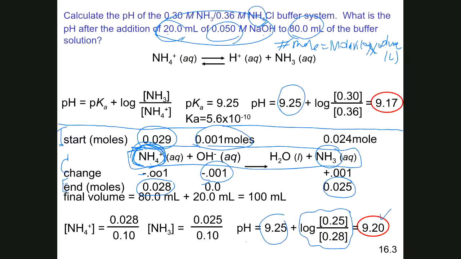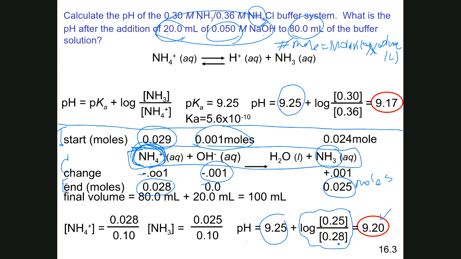But this ratio, instead of being 0.3 over 0.36, is 0.25 over 0.28 in concentration. When you are using number of moles, you have to change to moles first because you cannot subtract concentrations, so you can do the subtraction.